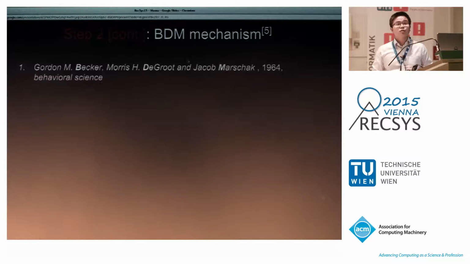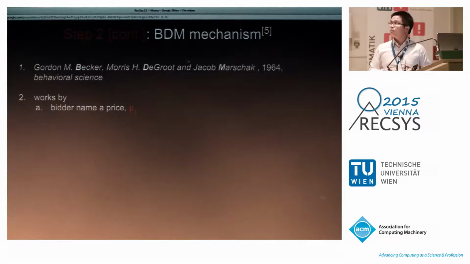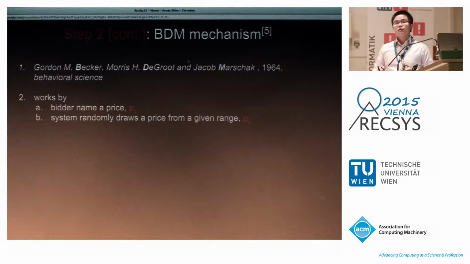The BDM mechanism was proposed about 50 years ago, and it's named after the inventors' names. The way it works is fairly simple. First, given a product, the subject will bid a price for that product, and the system will randomly draw a price from a certain range.